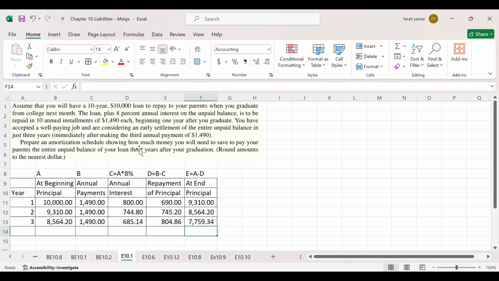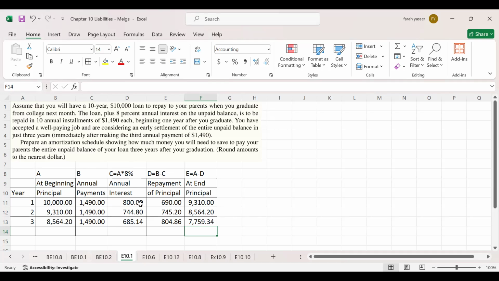The requirement was to prepare a schedule showing the unpaid balance at the end of the 3 years. So this is the 3 years repayment, and this whole table is called a loan amortization schedule.